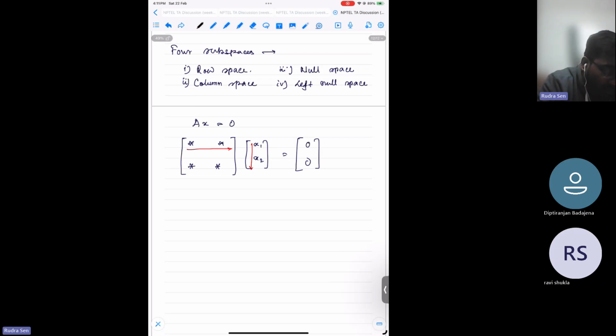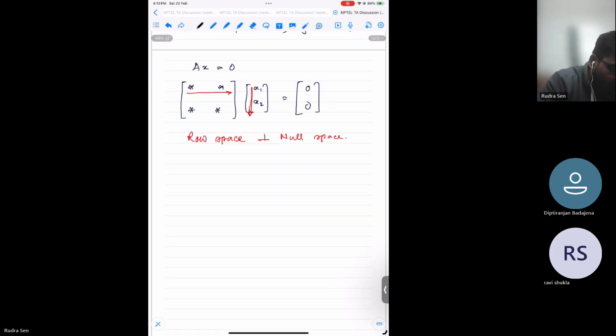This is just a pictorial representation, not exact, but you can understand what I'm trying to say. Row space is multiplied with this, and we get the null space. That means row space is perpendicular to null space.